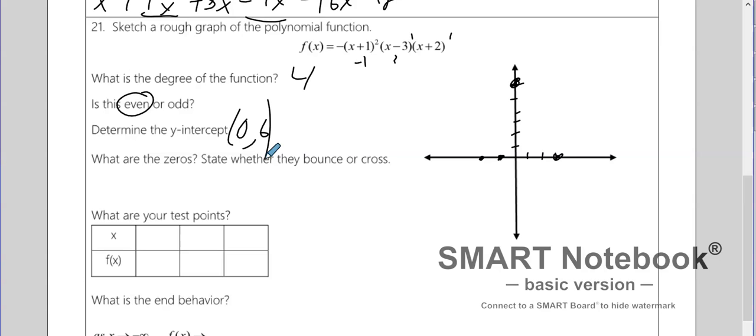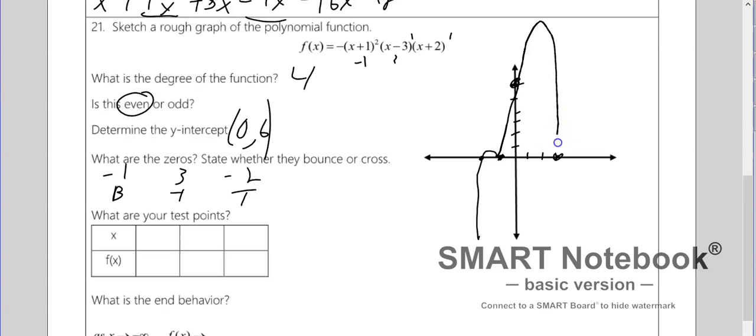What are the zeros? Well, we have -1, and that's a bounce. We have 3, and that's a through. And we have -2, which is a through. So I'm just going to recreate what I saw on the calculator. Little dip here, bounce up here, through here, somewhere way up there, way higher, and boom.